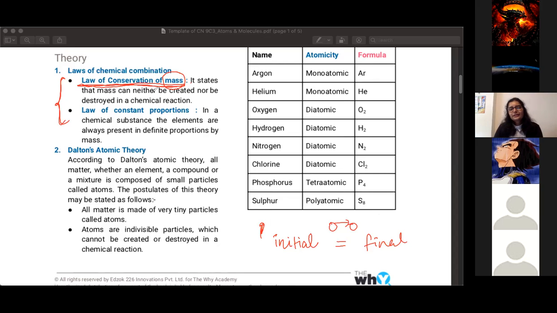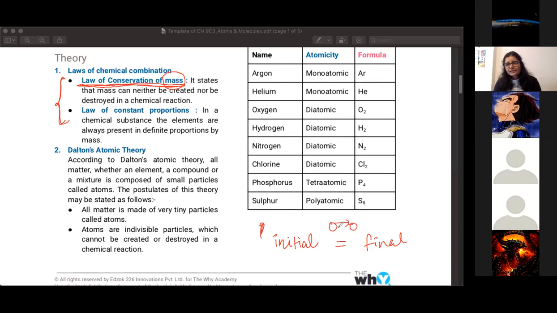So the application of the law of conservation of mass is that whatever process happens, if there is a chemical reaction, the initial mass that you have before the reaction took place will be equal to the final mass that you find after the reaction has taken place.